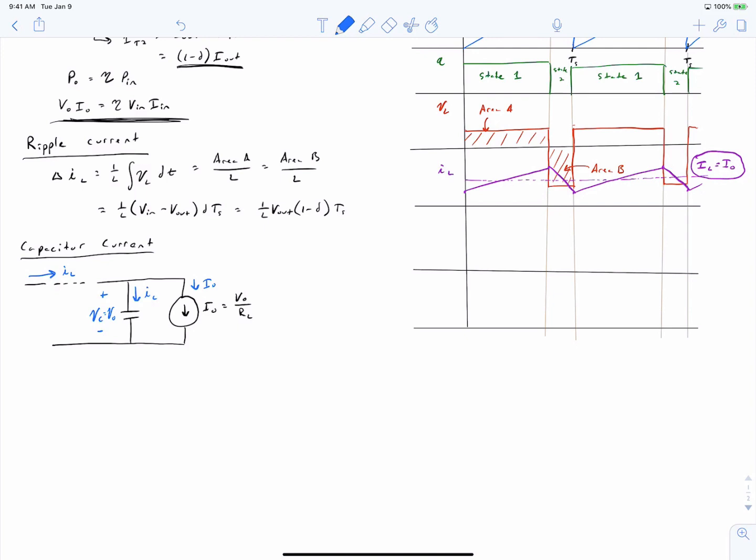Now we're going to determine our capacitor current by using our previously determined inductor current with a load that's modeled as a DC current source. And so we can sketch our capacitor current as being equal to IL minus our output current, which is to say that our capacitor current is just simply equal to the ripple current waveform of our inductor.